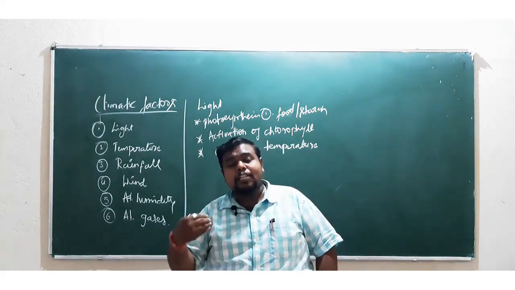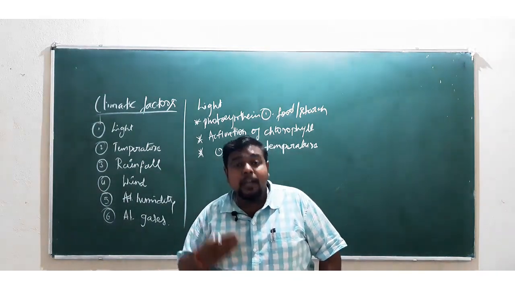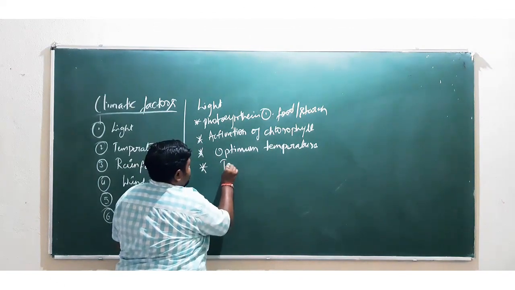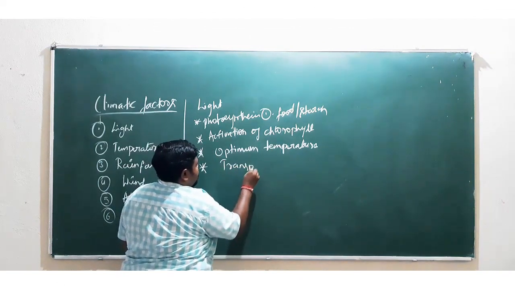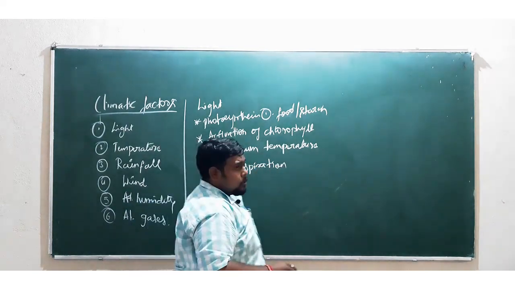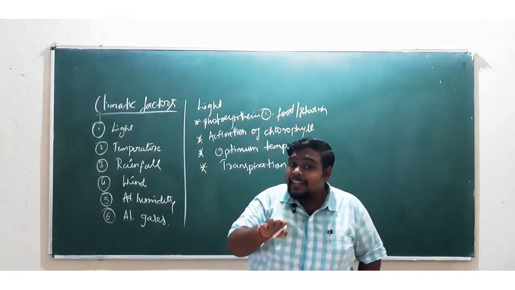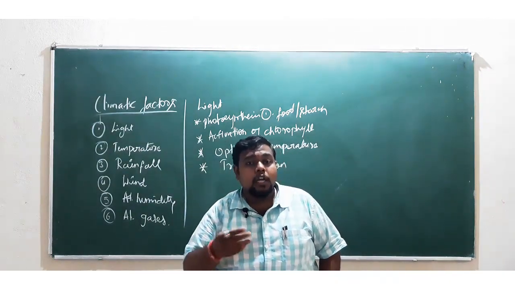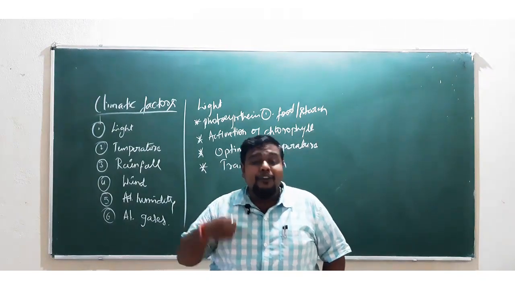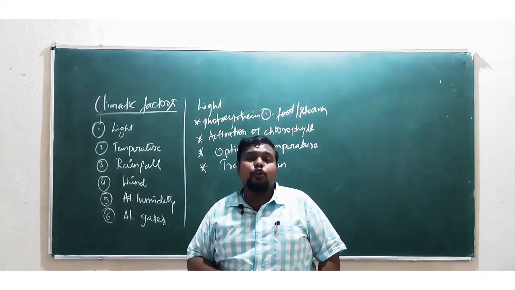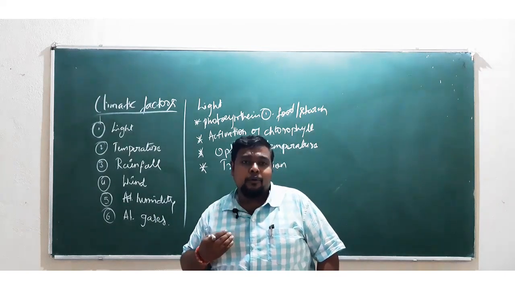Hence it is also proved that light is essential for transpiration here. So, we know that when there is an absence of transpiration, the plant will completely rot, because it is one of the methods for the removal of excess amount of water from the plant body here.